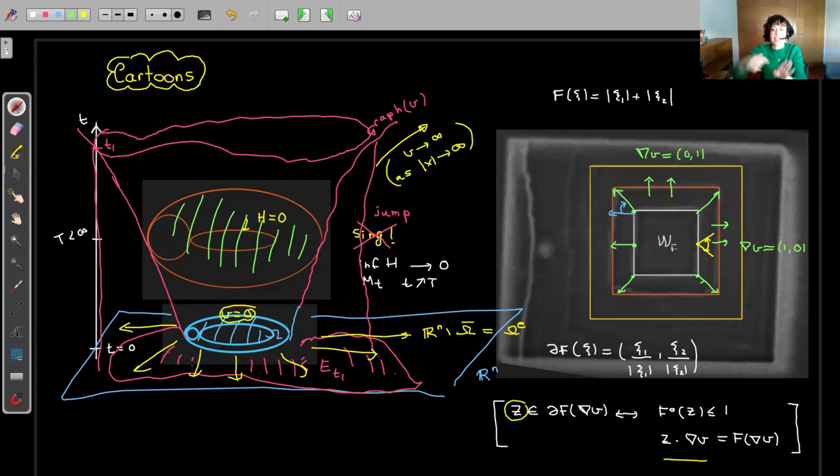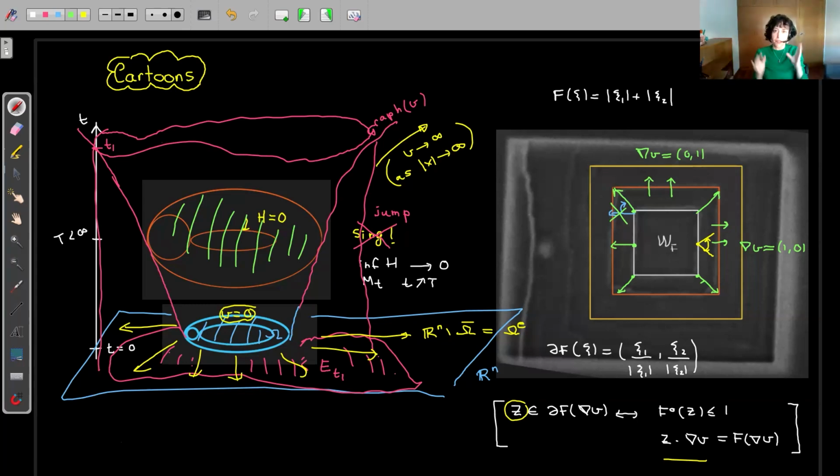One is to avoid this jump here, we don't want a singular measure in our equation. And also because the divergence of this vector field you choose has to be constant, and you get it this way because Wulff shapes are the objects of constant mean curvature in your normed space.